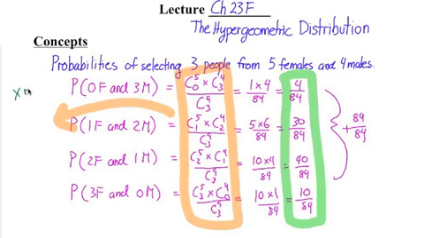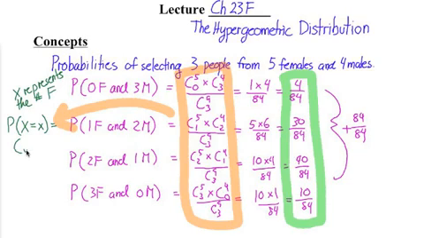If X represents the number of females chosen for the committee, then we can write the probability of selecting the committee in the general form, like so. The probability of selecting X females is going to look like this.